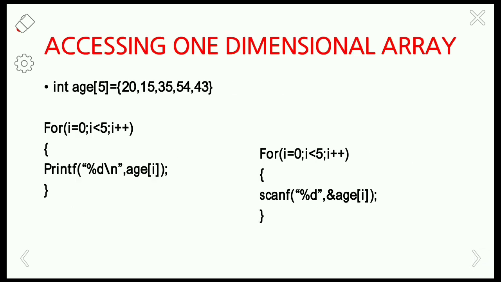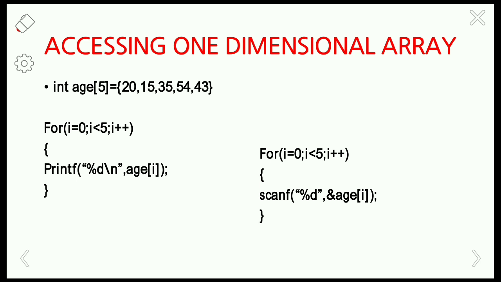Next is accessing a one-dimensional array. We have seen the declaration and initialization of the one-dimensional array. Once the array is declared or initialized, we have to know how to access the individual elements of an array.